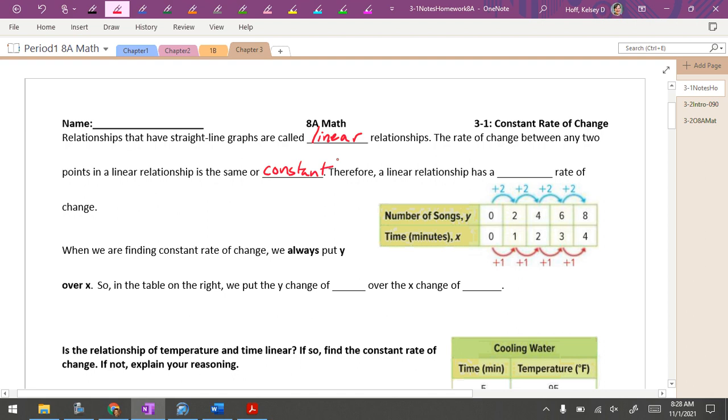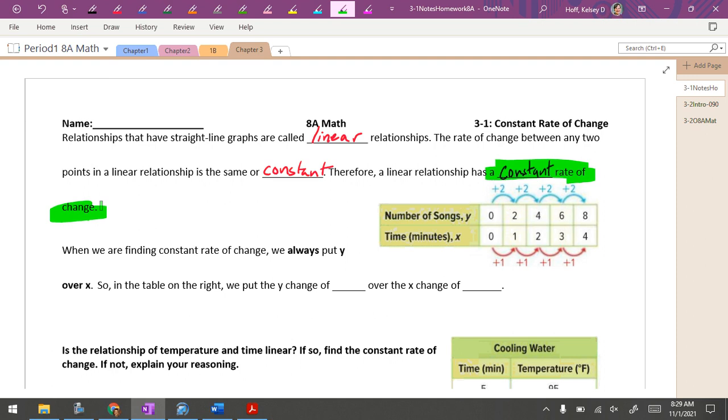Constant means the same. It stays the same. So the phrase we're going to use over and over is that linear relationships have a constant rate of change. Constant rate of change.